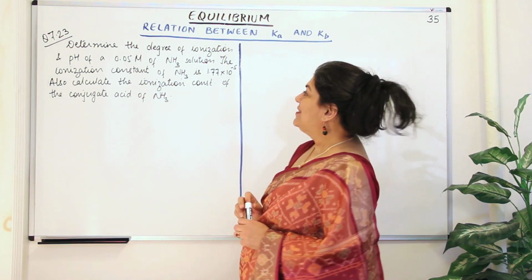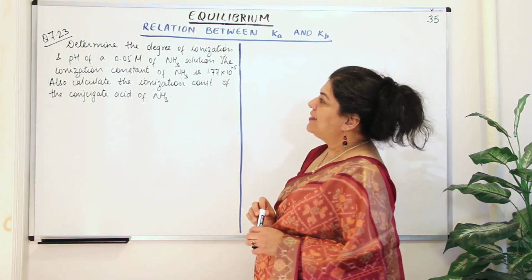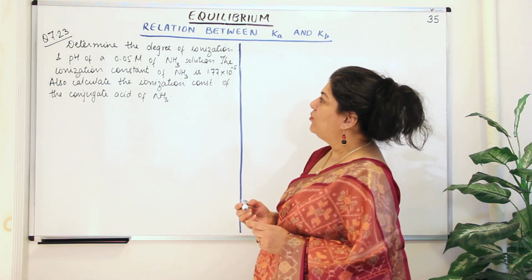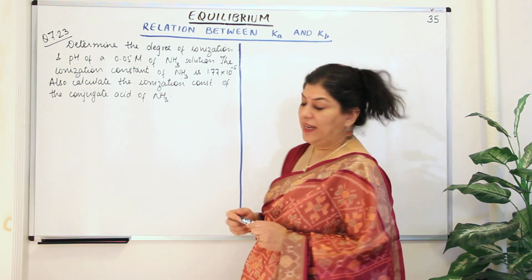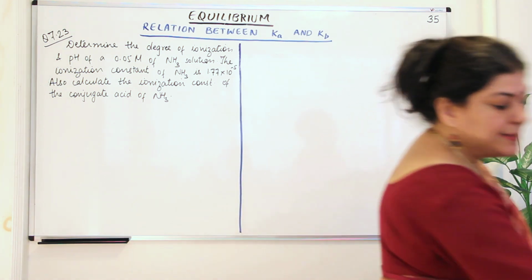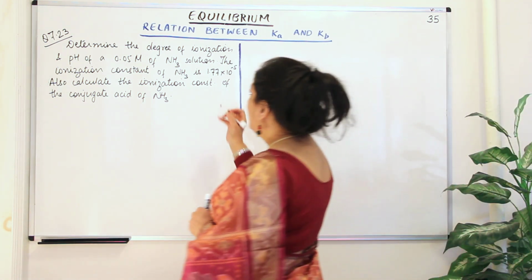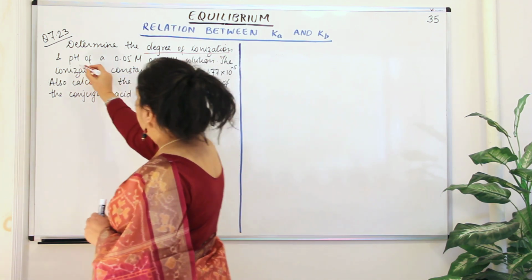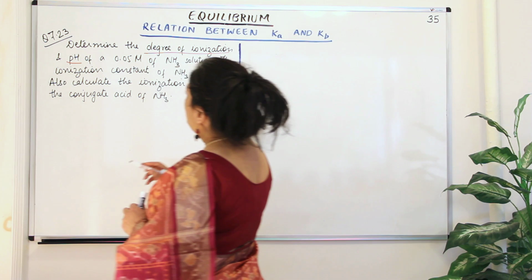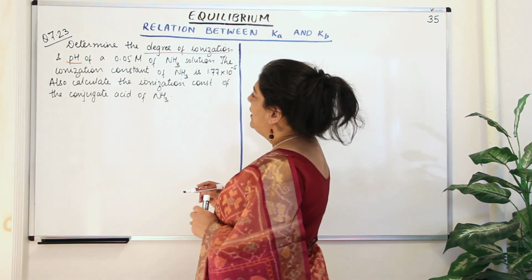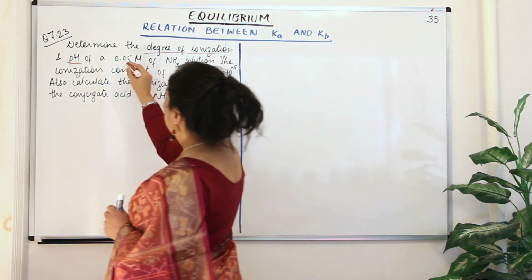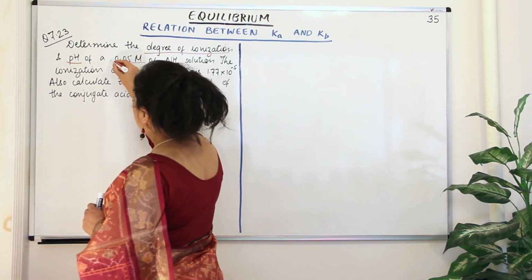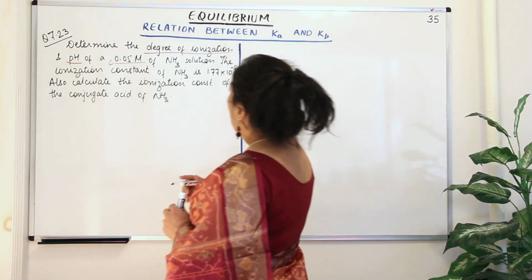The question reads, determine the degree of ionization and pH of a 0.05 molar solution of NH3, that is ammonia. Now what all are you to find out? You have to find out the degree of ionization, you have to find out the pH, okay? What is given to you is a 0.05 molar solution, that is concentration C is given to you, of ammonia solution.